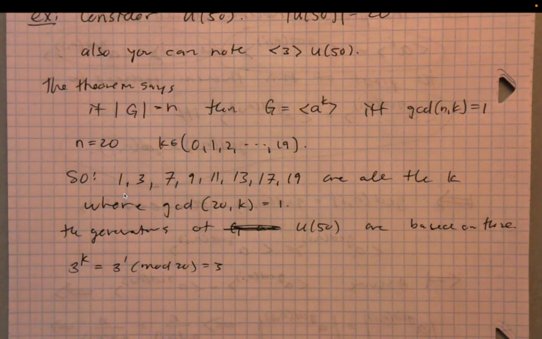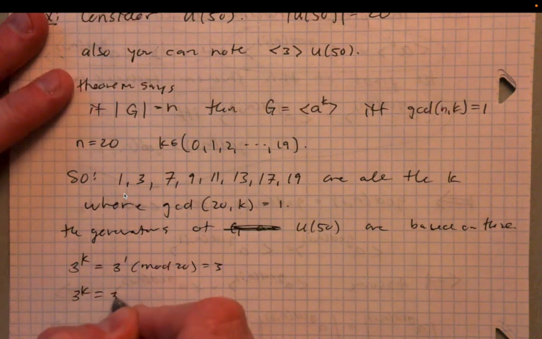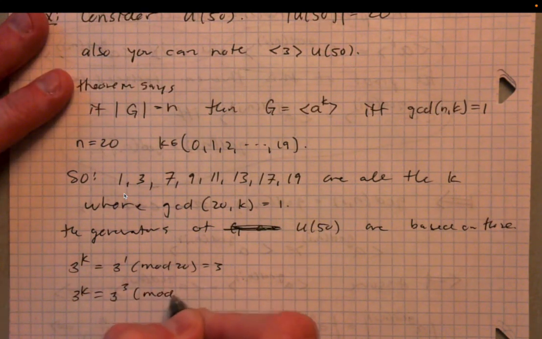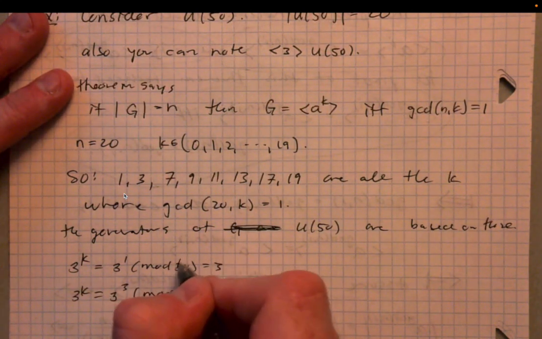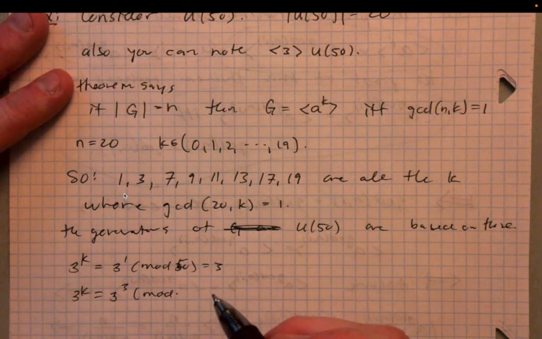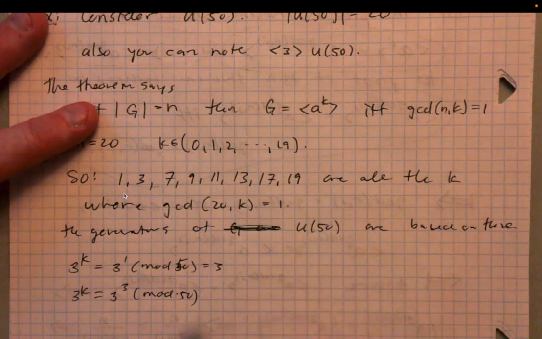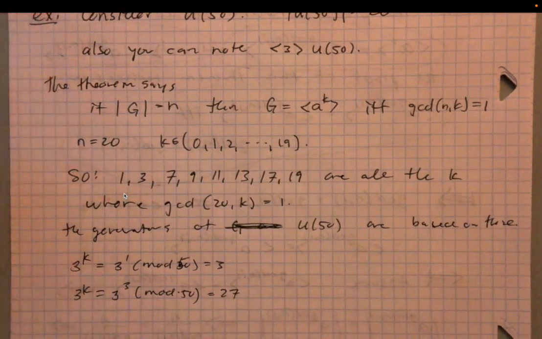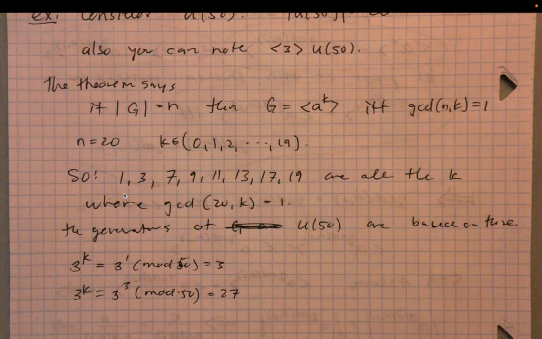So 3 is a generator. 3 to the k equals 3 cubed mod 50, not 20, is equal to, well, 3 times 3 is 9, times 3 is 27, so this is equal to 27. So 27 is a generator of U50.